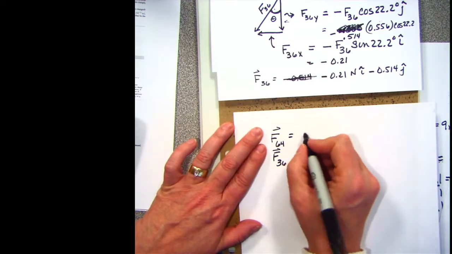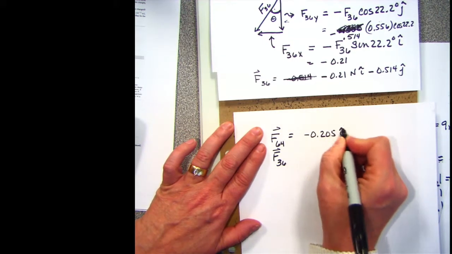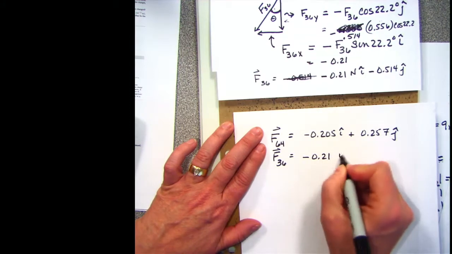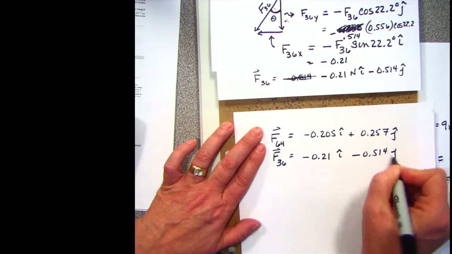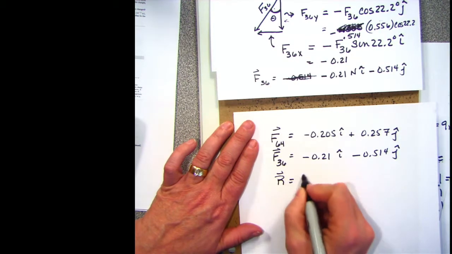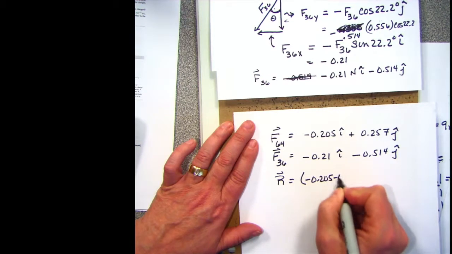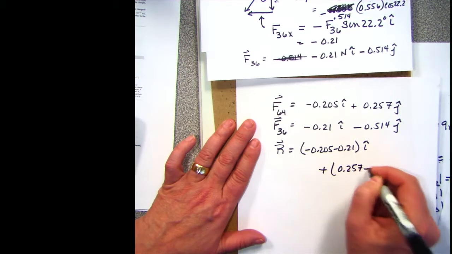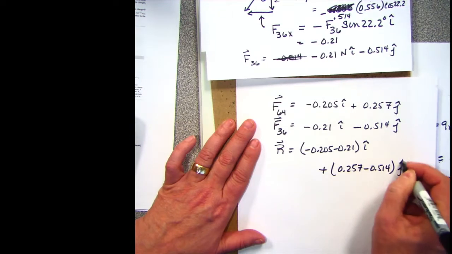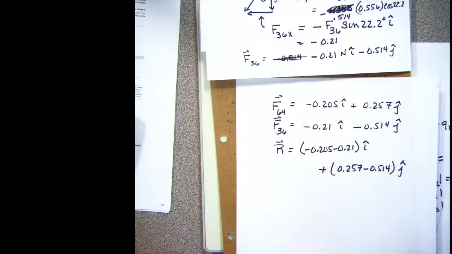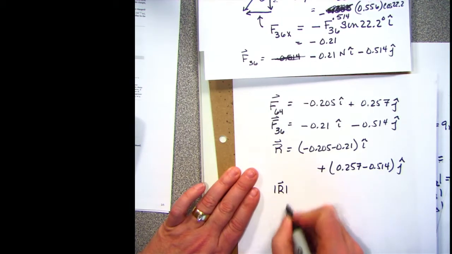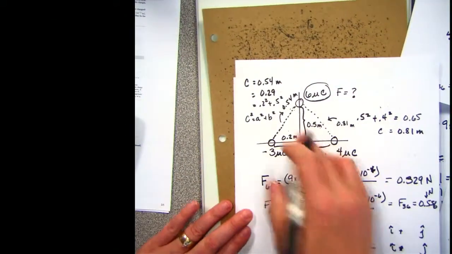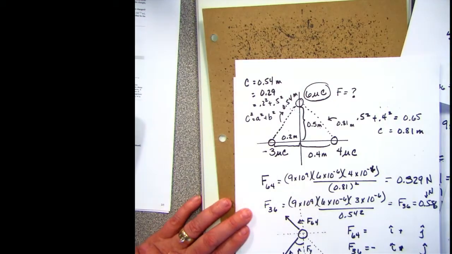This gives me minus 0.205 in the I plus 0.257 in the J. This one was minus 0.21 in the I, minus 0.514 in the J. The resultant vector is going to be minus 0.205 minus 0.21 in the I plus 0.257 minus 0.514 in the J. And then I can do exactly what I did before, calculate the magnitude and the angle, and then we would know what direction this particular charge is going.